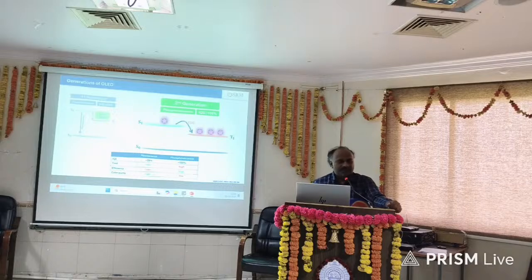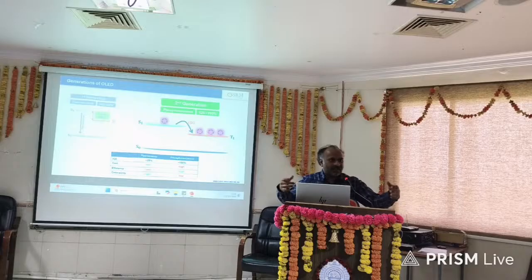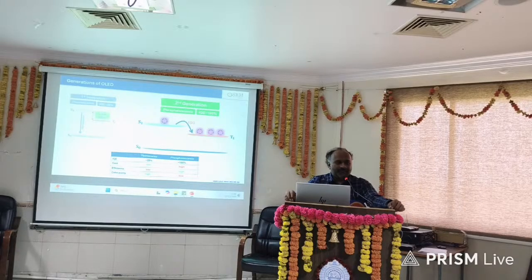There are some scientists who continuously put in effort to improve society. Those scientists introduced a concept: why should we use only 25% of singlet states, let's make everything into the triplet state. Generally the triplet state, as I told, gives phosphorescence, but still they made it a 100% process through intersystem crossing.